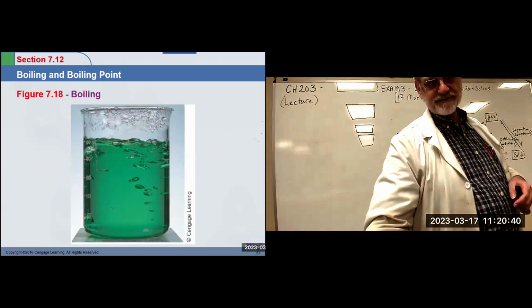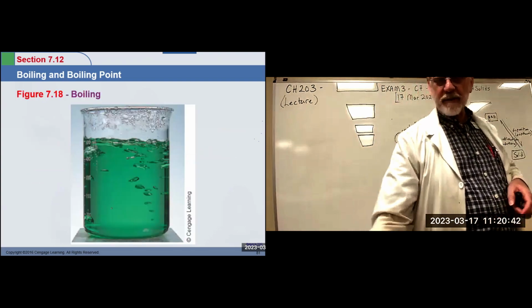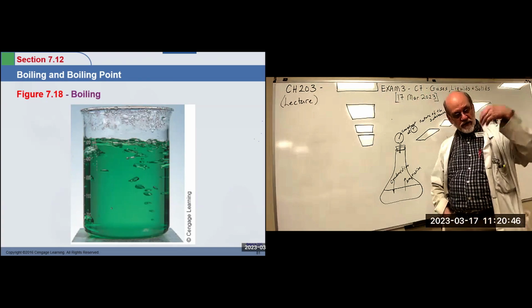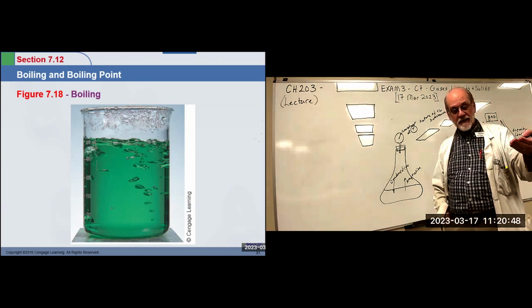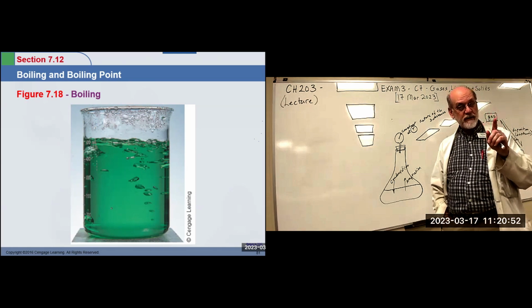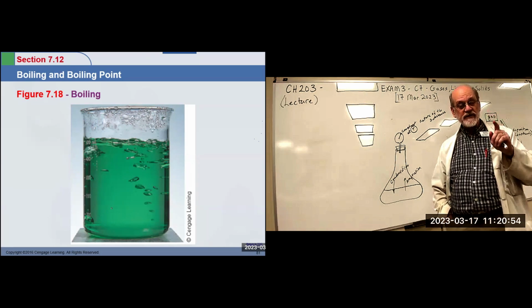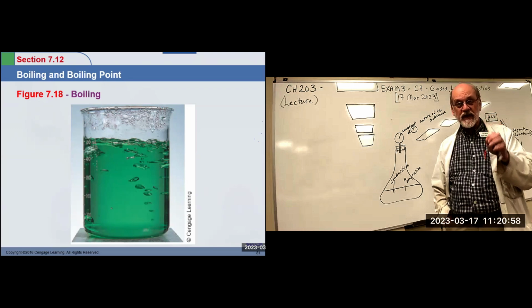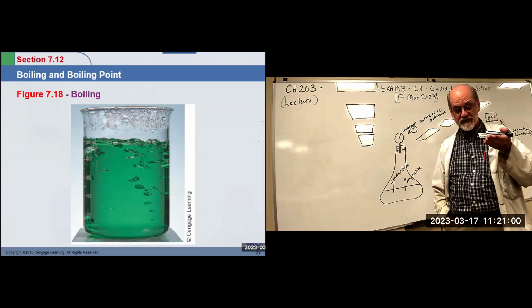So there's boiling. By the way, when you first put a pot of water on the stove and heat it up, the first bubbles that you see are not water vapor. The first bubbles that you see are dissolved gases inside the liquid that are coming out with increased temperature.